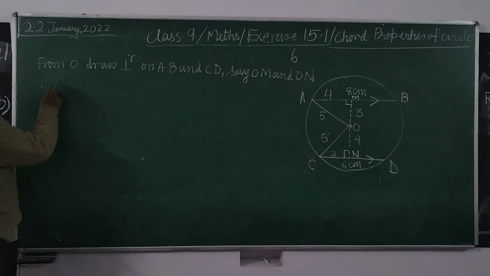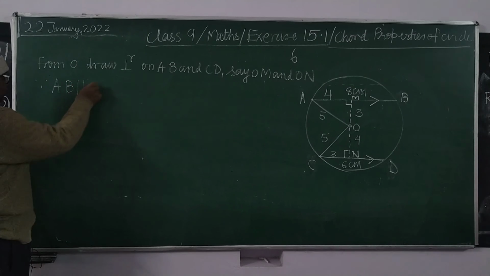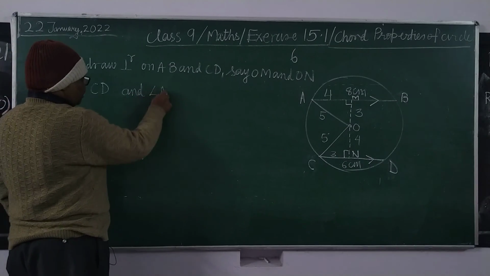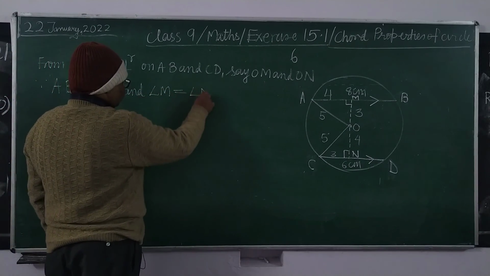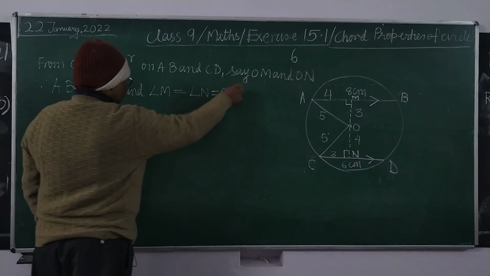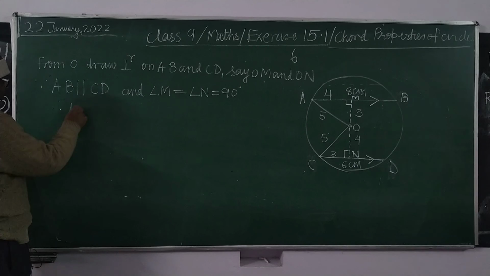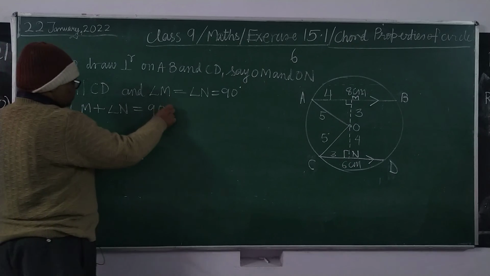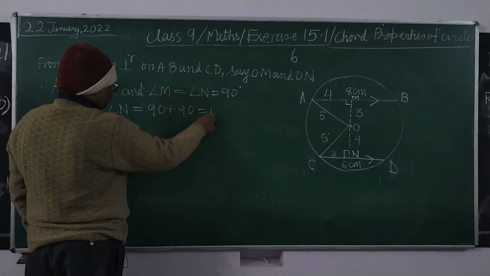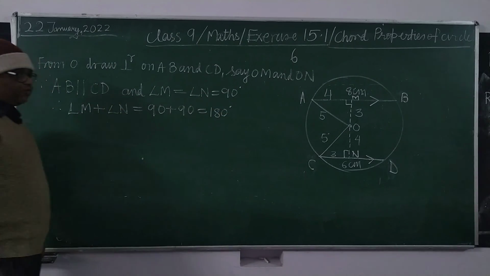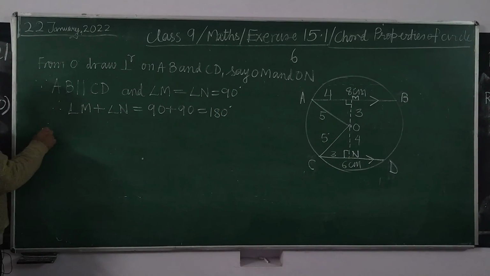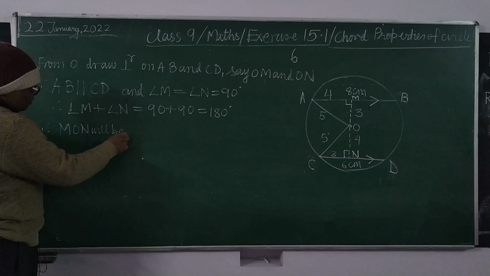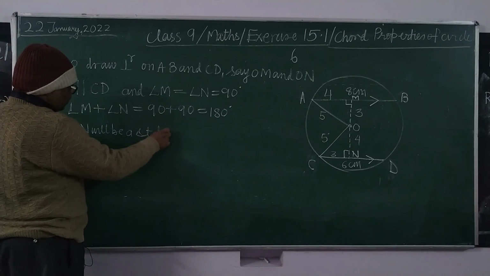Since AB parallel to CD and angle M equals angle N equals 90 degree, therefore angle M plus angle N equals 90 plus 90, 180 degree. Therefore, MON will be a straight line.